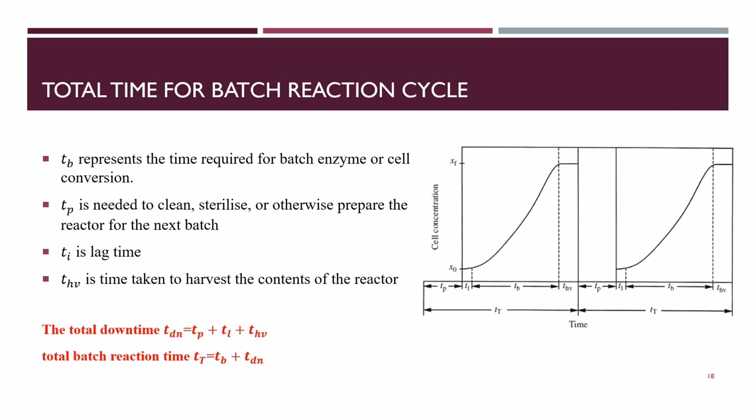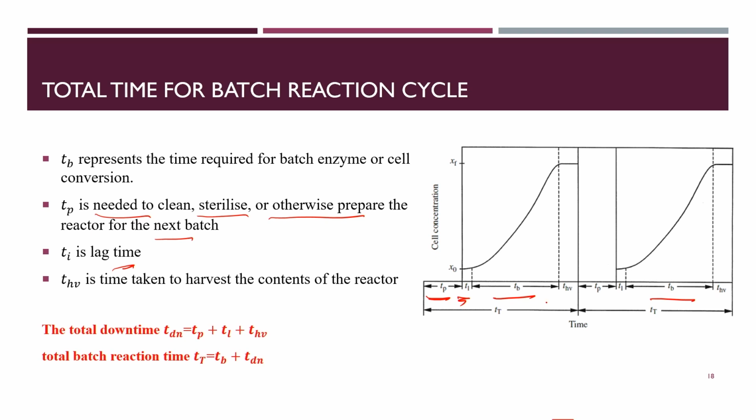Now, we can quickly see the total batch time. What we have calculated is only TB here, but total batch time includes TP needed to clean, sterilize and prepare the bioreactor, plus TI, the lag time in the batch, which is required for the cell to get acquainted with the new environment. It may be the media, the temperature, or the operating condition.